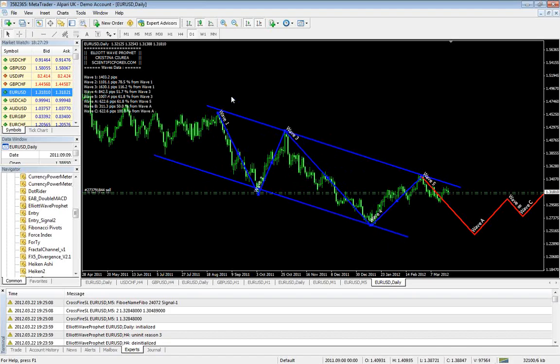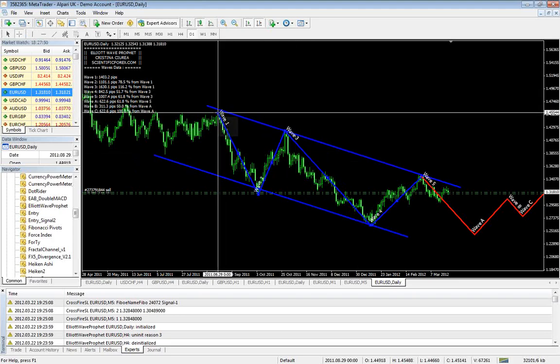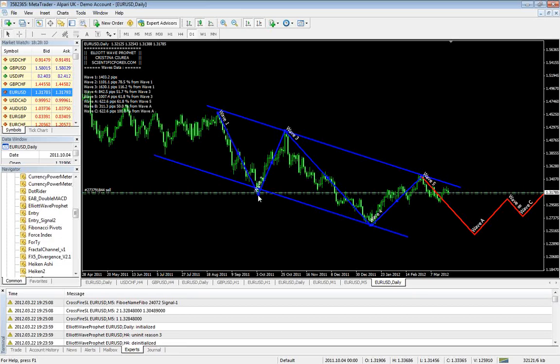But if you want to measure it yourself, you just click on this magic sign, the crosshair, or click on your scroll button and click on the top, then hold it all the way down in here, and you can see 3 numbers near my mouse. The first one is the number of bars, 26. The second one is the number of pips, 14,000. And the last one is the level, 1.3125.